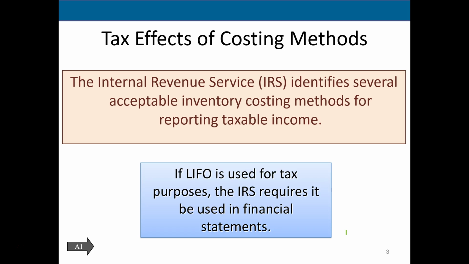So the Internal Revenue Service identifies several acceptable inventory costing methods for reporting taxable income. And they specifically say here, if LIFO is used for tax purposes, the IRS requires it be used for financial statement purposes. So when we think about the books, because of the differences between the tax code and GAAP, we often have to reconcile those.